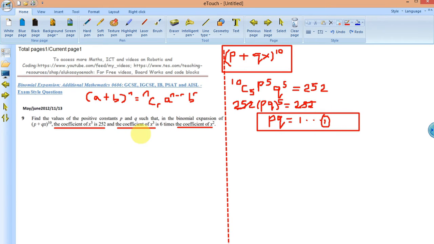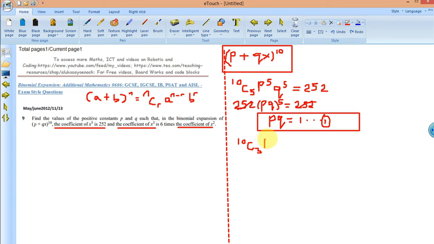Okay, so now let's go ahead with the same principle here. Now we have 10 combination r, where r is 3, so 10 combination 3. Then p raised to power n minus r, that is 10 minus 3, that is 7.